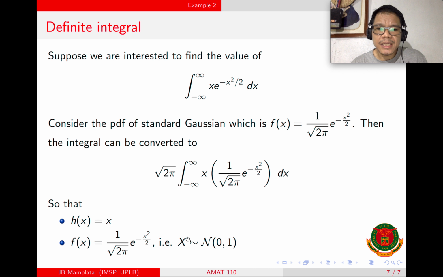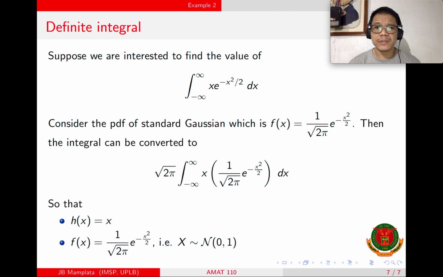Since it is normally distributed with mean 0 and variance 1, we know that when the distribution is normal, any real number is an accepted value of the random variable. So our x will range from negative infinity to positive infinity.